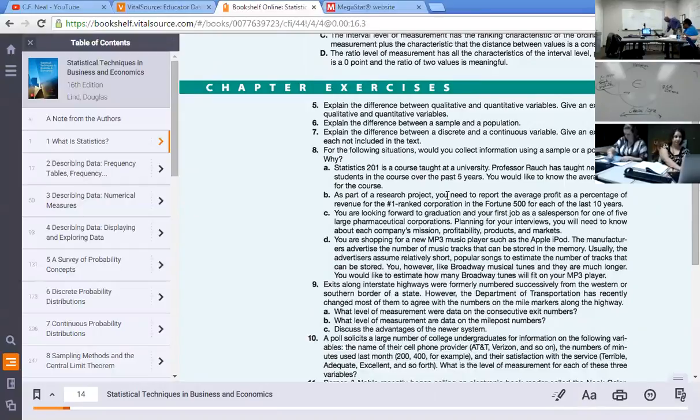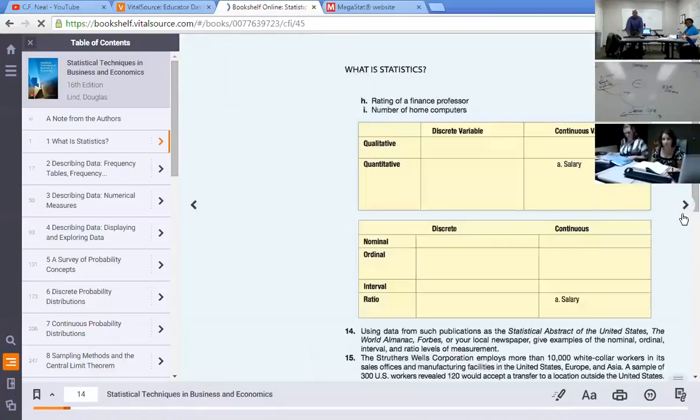Number 16. All right, so 16, let's look at some of these. 16 is going to ask you, we're not going to do the homework in class, but so you can kind of get an idea.